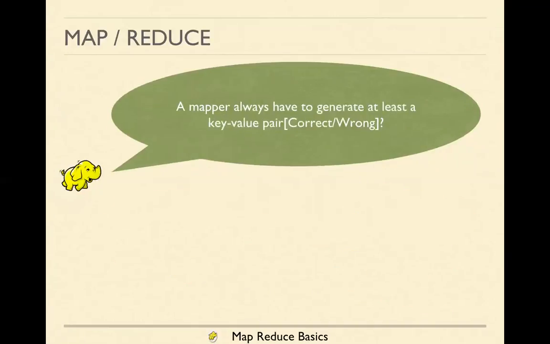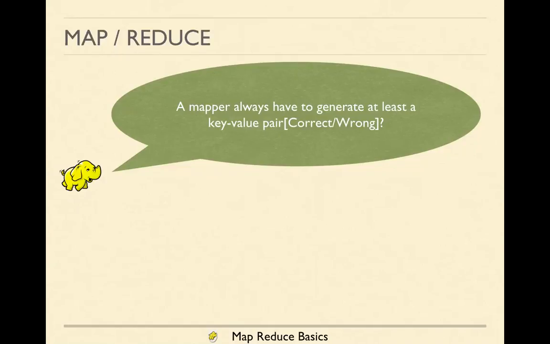All right. Next question is, a mapper always has to generate at least a key value pair. Correct or wrong? Can a mapper choose not to generate a key value pair? Let's say there is a file in which some of the lines are empty. The mapper chooses not to generate a key value pair.